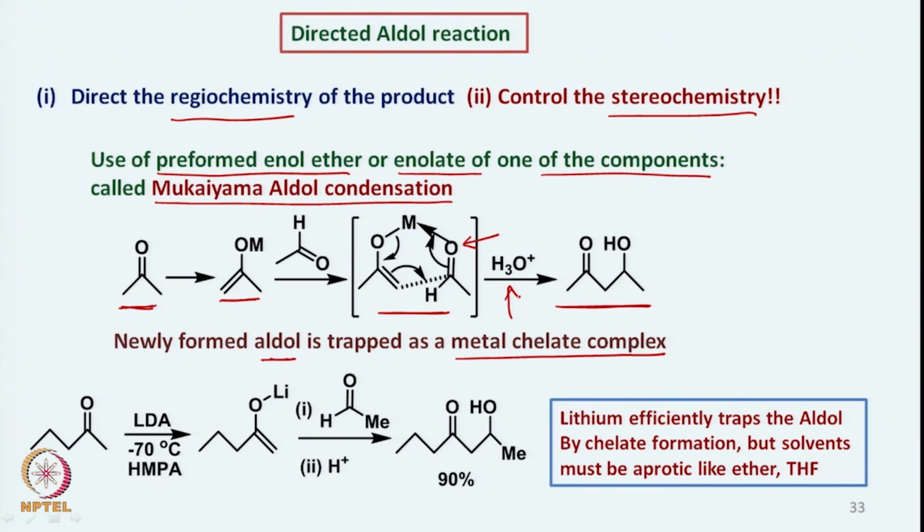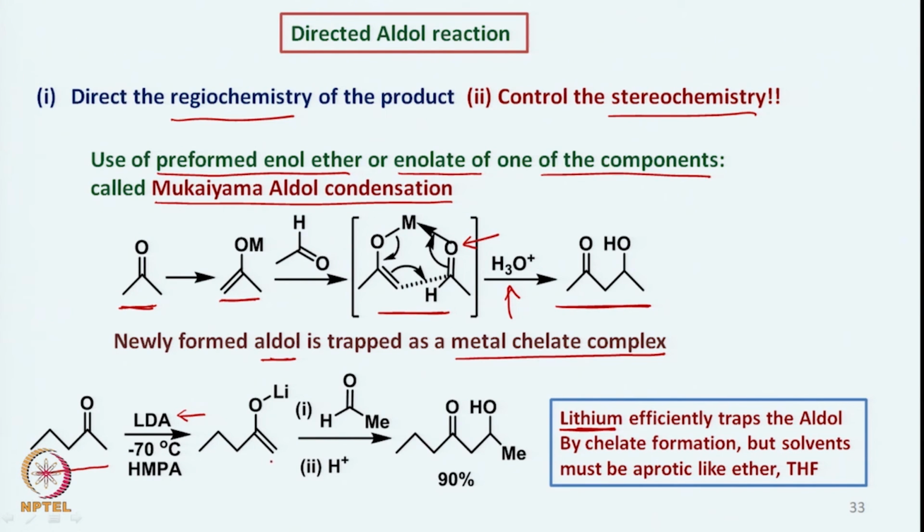Now this trapping can efficiently be done if we have a lithium ion as a counter ion. Therefore the reaction, say for example of such a ketone, is done with LDA at -70 degrees in the presence of HMPA, basically to allow the nucleophilicity of the LDA to be high, because HMPA coordinates with the lithium plus and the LDA becomes more basic, or better as a base.